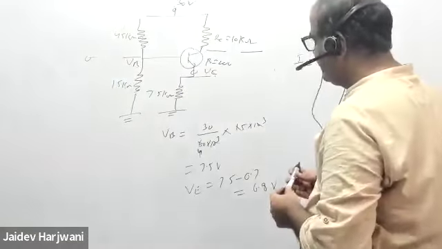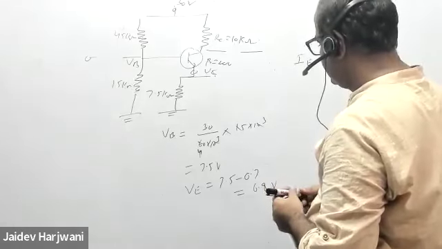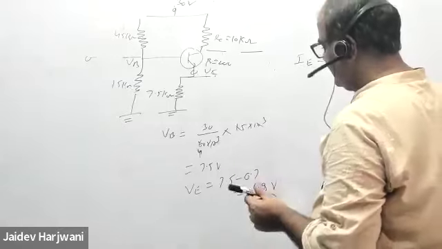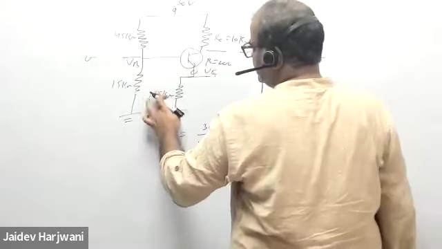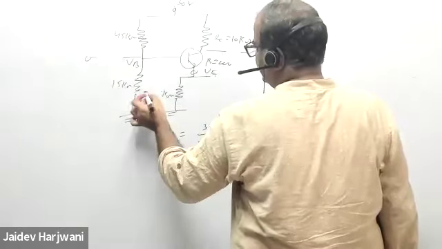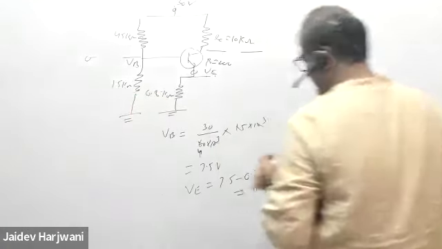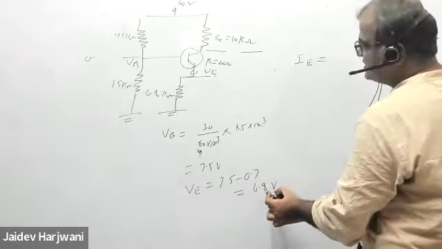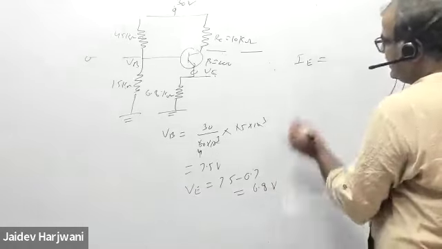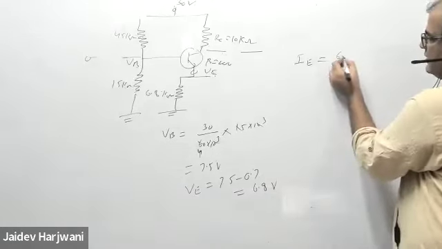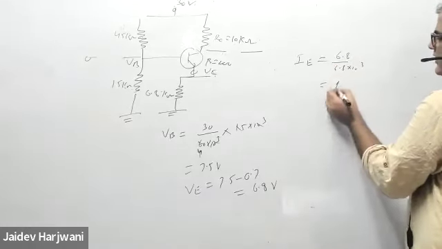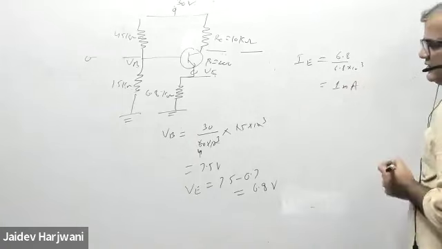Now I can take 6.1 volt. No, this is 6.8 volt. Just for simplification, I can make the resistance 6.8 kilo ohm, so that my current becomes simple. My V is 6.8 volt, so I will be how much? 6.8 divided by 6.8 kilo ohm. That will be 1 milliamp. Yes or no?